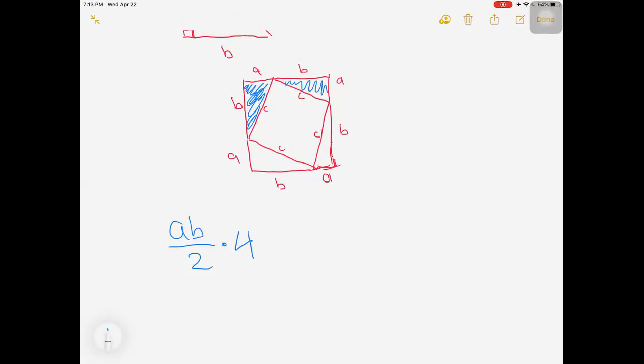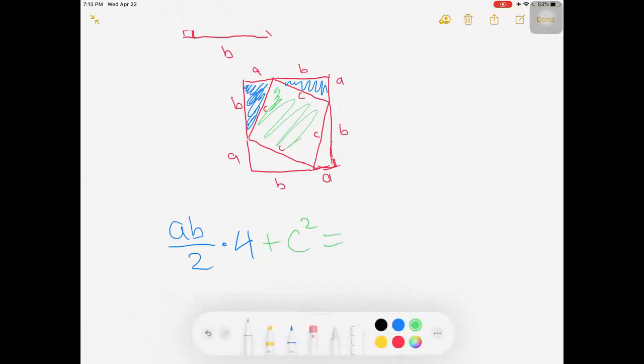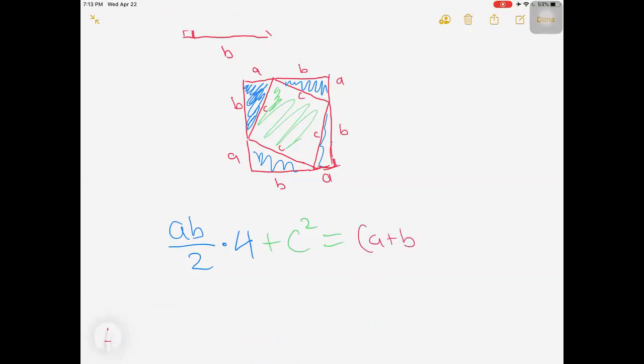And then we have this green square right here. And the area of the green square is just c squared. And then the sum of all those areas is going to be the area of the entire square, which is going to be a plus b squared.